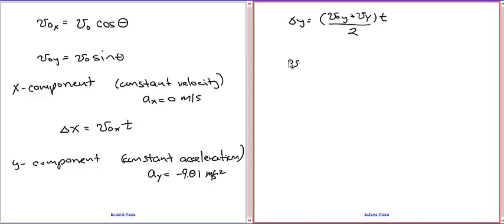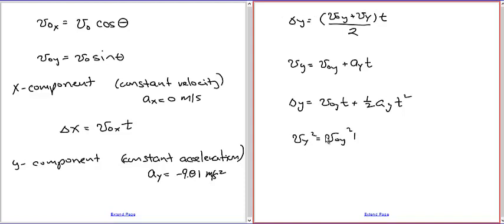Then vy is equal to v0y plus a sub y t. Delta y equals v0y t plus 1/2 a sub y t squared. And vy squared is equal to v0y squared plus 2 a sub y delta y. Those are four equations which apply to constant acceleration situations.